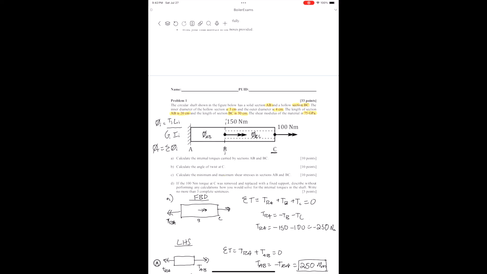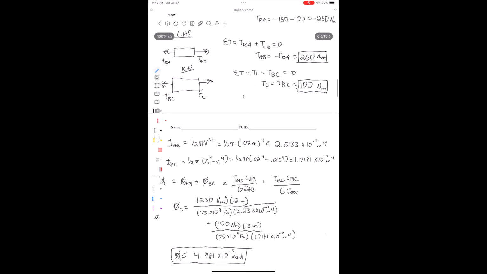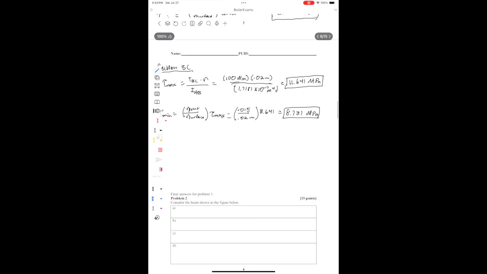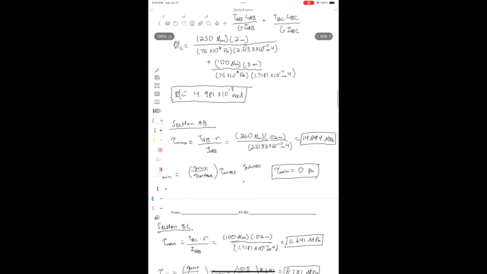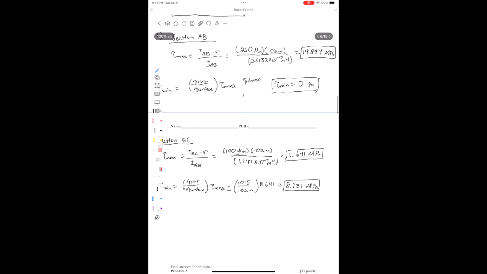So if we fix the rod at point C, replace this with a fixed constraint, there is going to be no angle of twist at section C, so we will have that additional constraint in there as well, and we can therefore solve for our internal torques in the shaft.